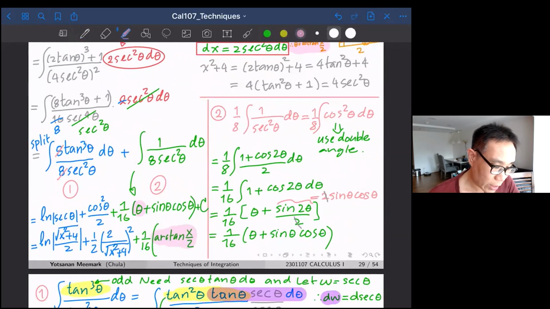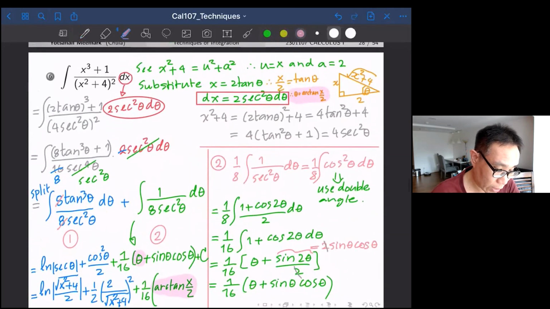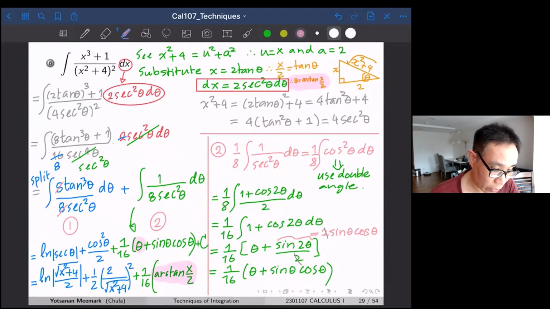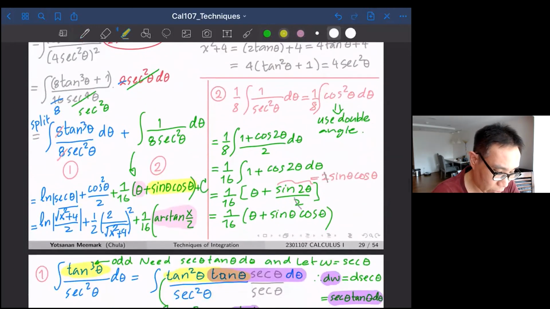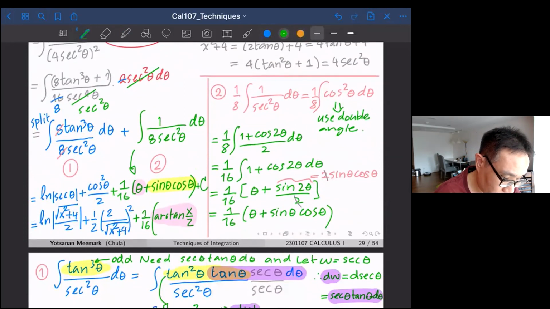And for sine and cosine, it's going to turn out to be this yellow term. You multiply two terms here, so you would get 2x over x squared plus 4, and finally plus c.